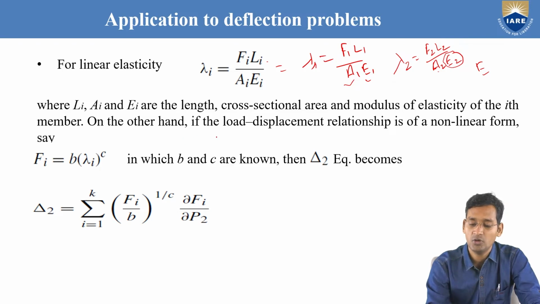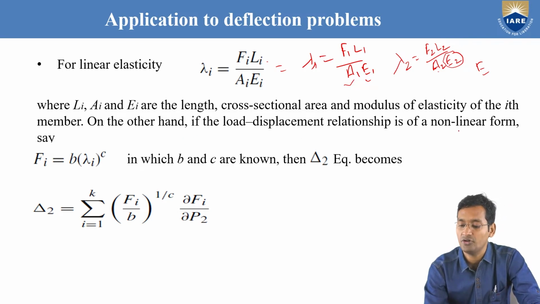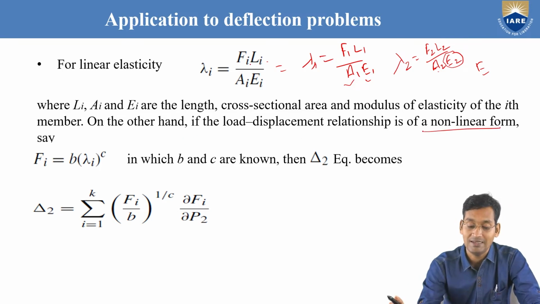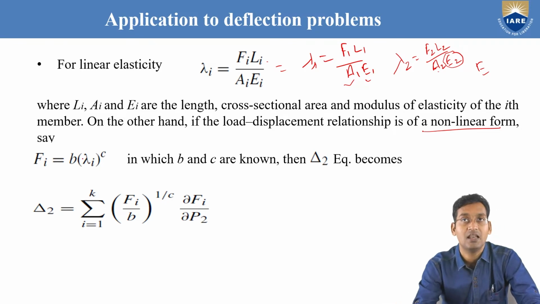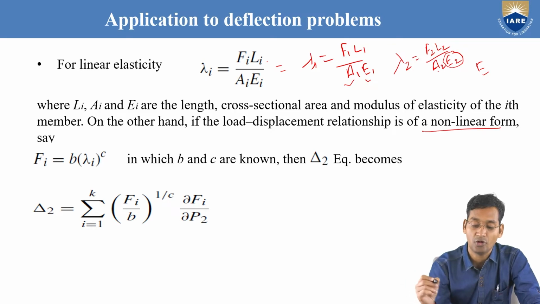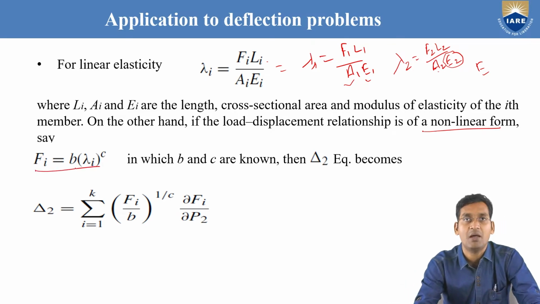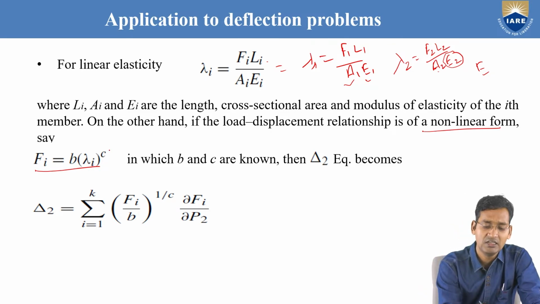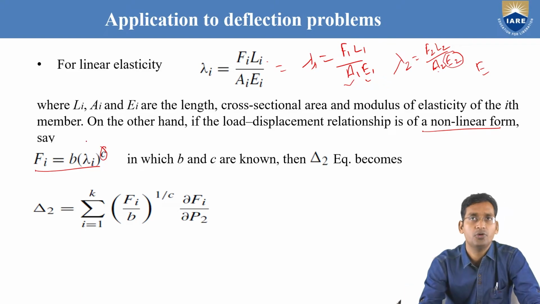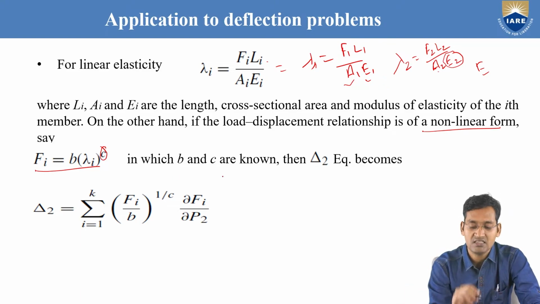On the other hand, if the load displacement relationship is of non-linear form, this being the linear form that we have already seen, then Fi will equal B lambda i power C. If linear, then this C value equals 1, in which B and C are known.